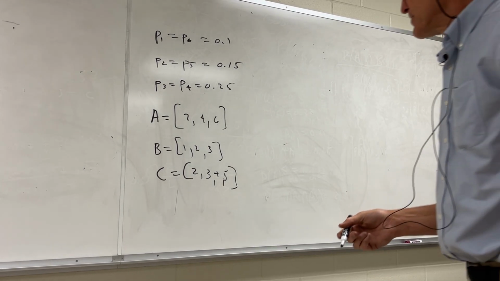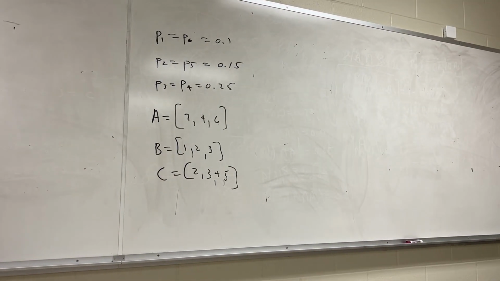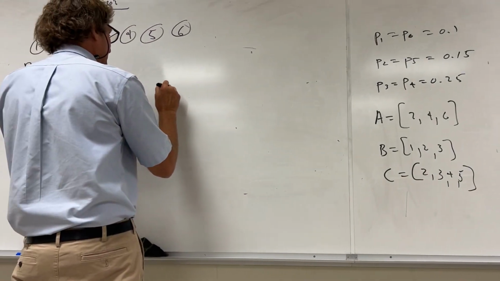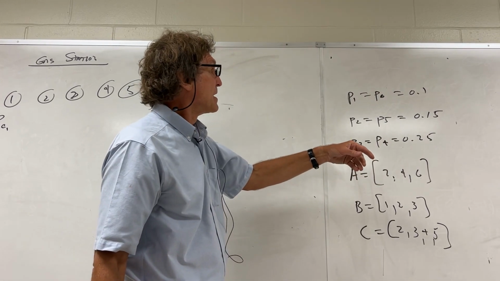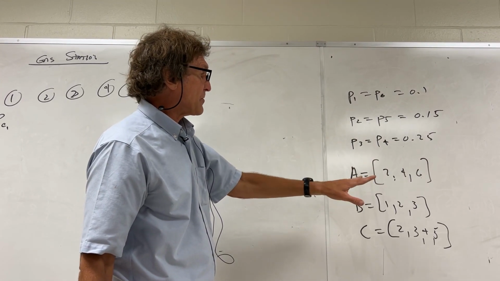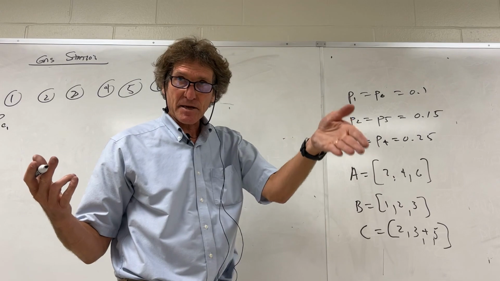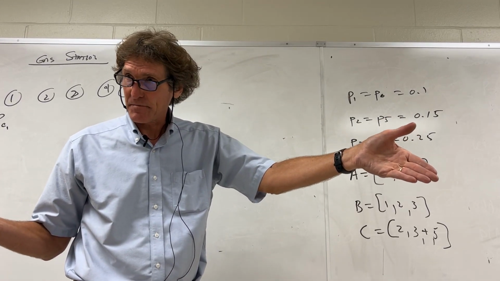If you look at the probability of event A occurring, you add them up. By the way, these are mutually exclusive. If they select pump 2, they can't have pump 4 at the same time.